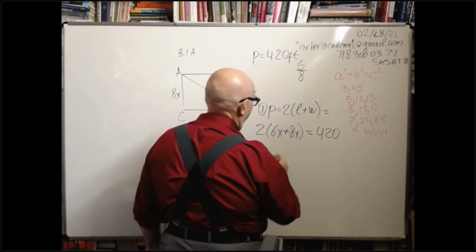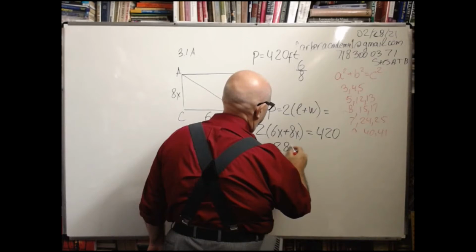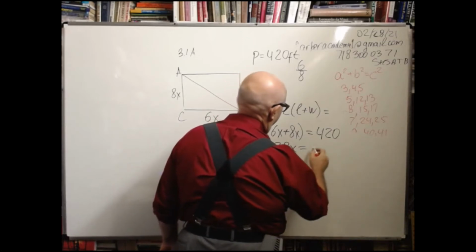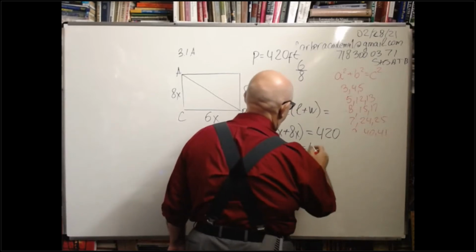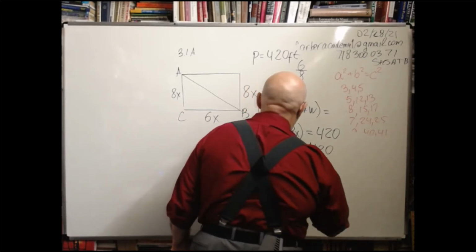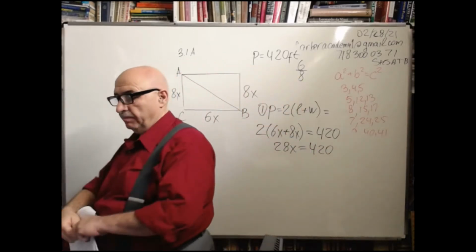Times 2, you have 28x equals 420. I step back. If you have any questions, ask me.